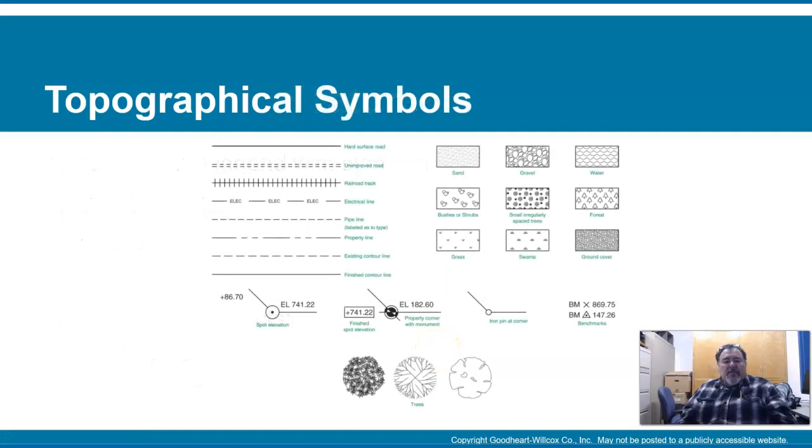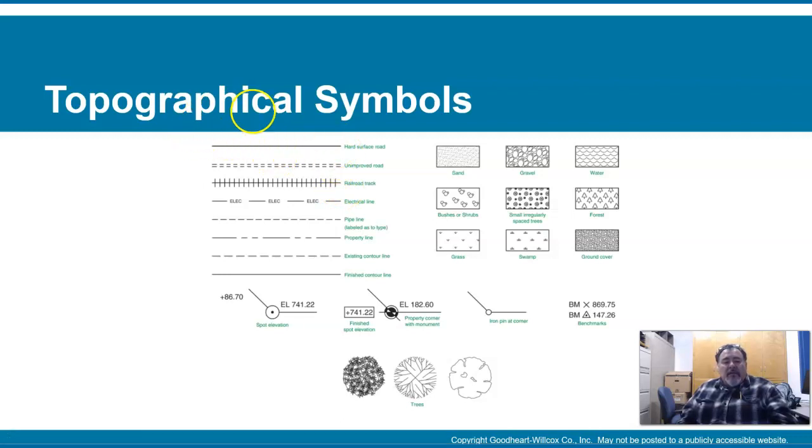So here are some of the symbols. This solid line represents a hard surface road. This dotted double dashed line shows an unimproved road. Here, this line with slats going through it is the symbol of a railroad track.